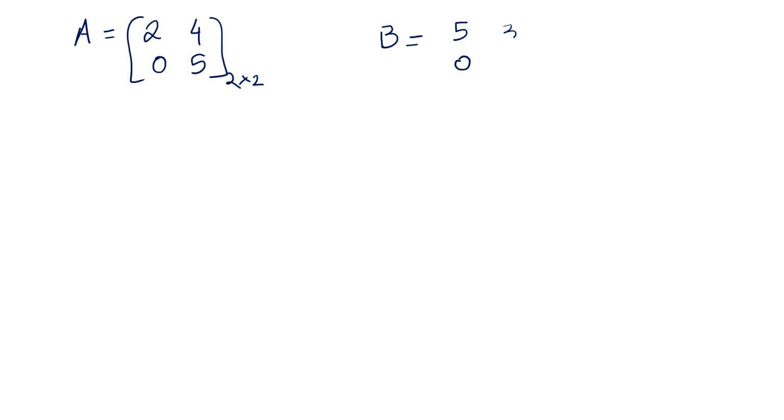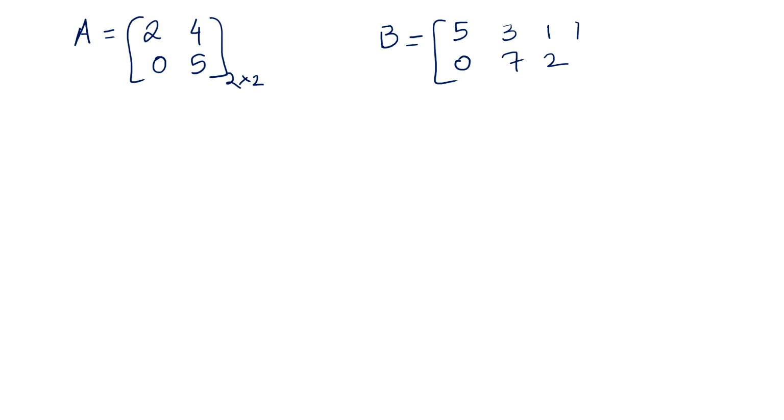Now I am going to take an example where matrix multiplication is possible. Matrix A is going to be 2, 4, 0, 5. So that is a 2 by 2 matrix. Let's take matrix B as 5, 0, 3, 7, 1, and 2.